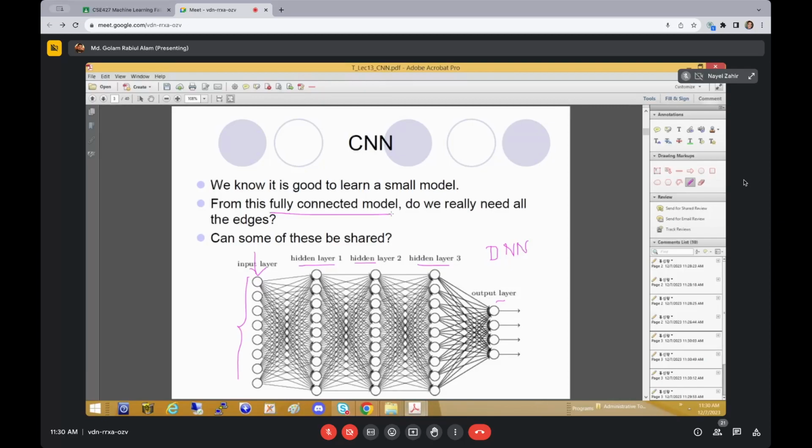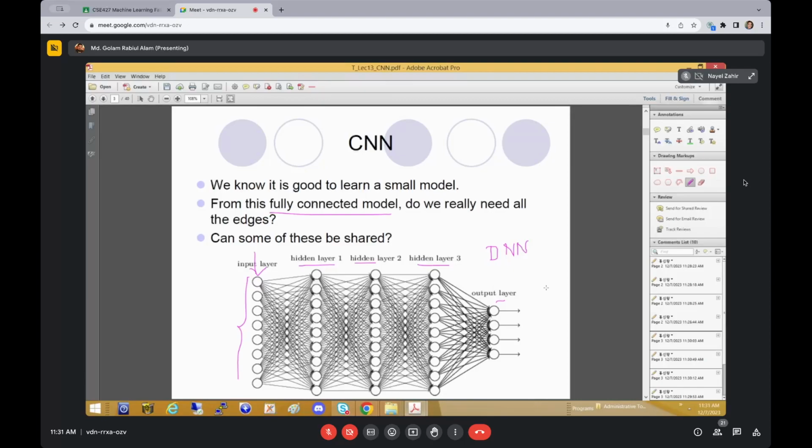This is called a fully connected model. Even though we designed a simple neural network, with just 3 hidden layers and 10 neurons in each hidden layer, we can see lots of connections. Connections mean edges, edges mean weights, and weights mean the learning parameters.